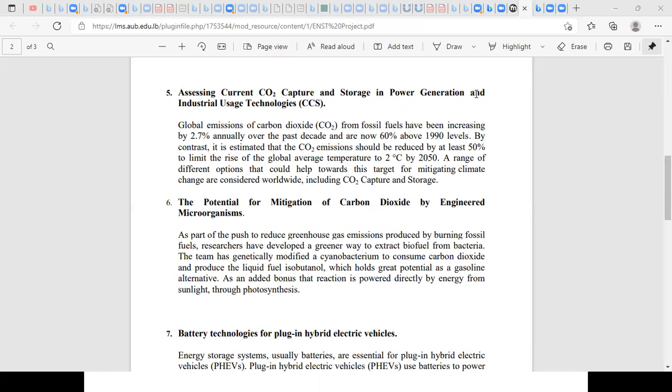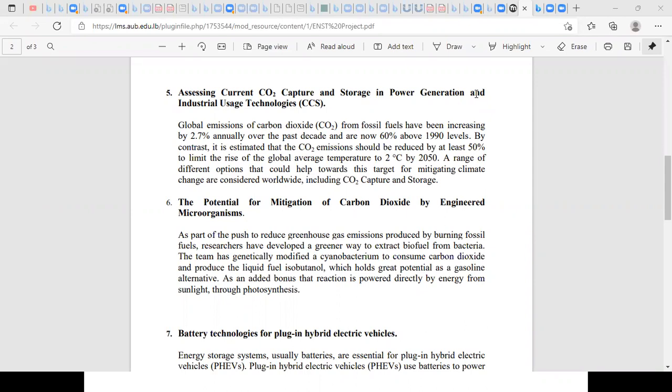This is why, to try to reduce the bad effect of using fossil fuels, we can study some systems that will be able to capture CO2 and store it and produce power from it. So in this way, we can prevent the harmful effect of CO2. We can reduce global warming, and at the same time, we can benefit from this stored CO2. We will transform it in a certain way and produce power from it.